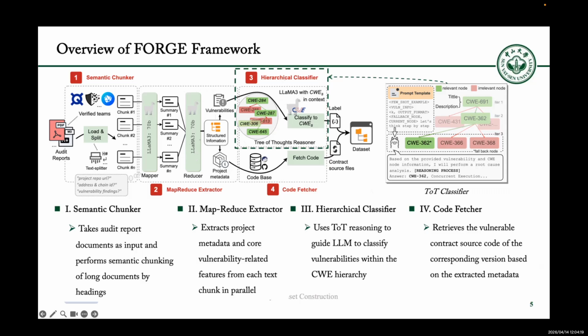It uses in-context learning (ICL) to choose the best classification path, and a fallback mechanism ensures that even if it can't reach a leaf node, it returns the closest parent category. Finally, the code fetcher uses the extracted metadata to automatically pull the audited contract source code from GitHub or on-chain block explorers and integrates everything into a complete data entry.